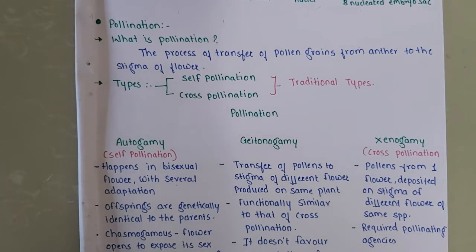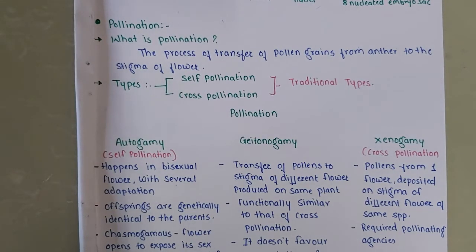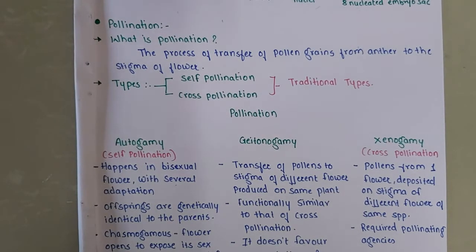But in your textbook, the types of pollination are divided into three types, that is autogamy, geitonogamy and xenogamy.